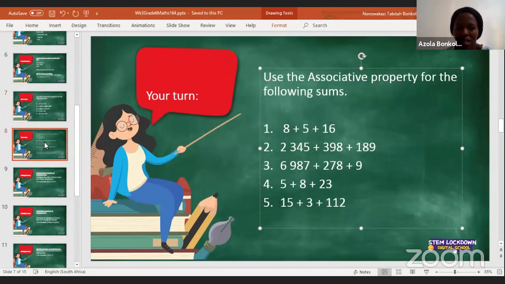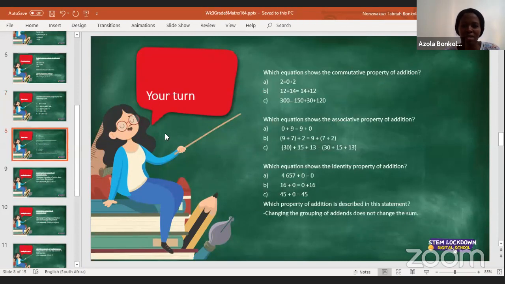Our next exercise says we must now identify the correct equation. It says here, which equation shows the commutative property of addition? Which equation shows the commutative property of addition?